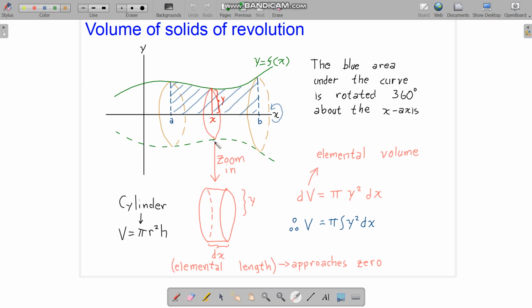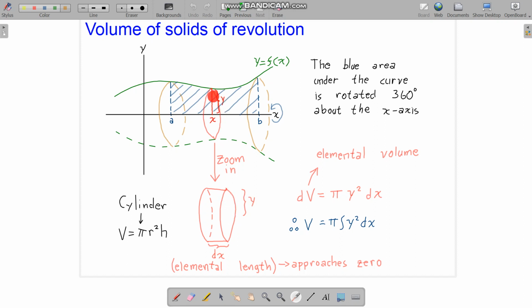The volume of each thin cylinder is called the elemental volume dV, which is pi y squared dx, because the height of the cylinder is dx, the elemental length, infinitely small, and the radius is y.